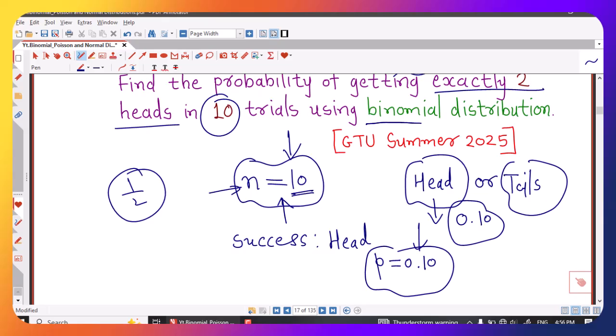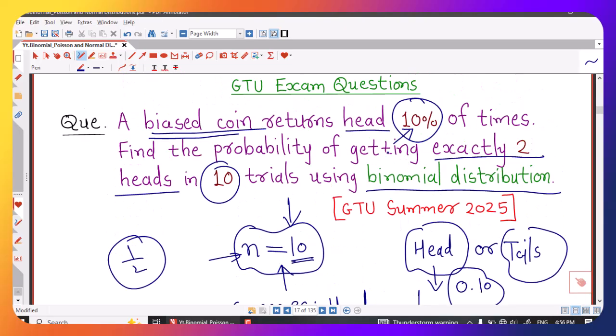Here it is already mentioned that we have to use binomial distribution to find the probability of getting head 2 times in n equal to 10 trials. So here we have to calculate the probability that the number of heads is exactly 2 in 10 trials.